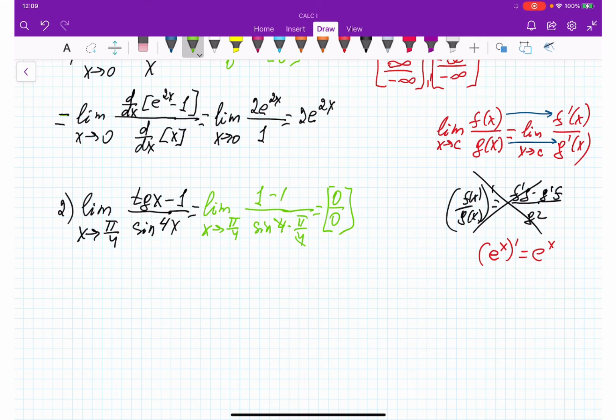Okay, so we showed that we can apply L'Hopital's rule. This is going to be equal to the limit as x approaches pi over 4 of tangent x minus 1 over sine 4x. So we are going to apply L'Hopital.